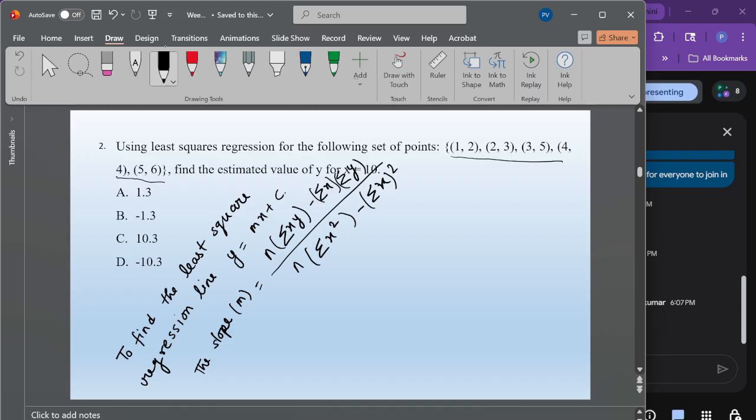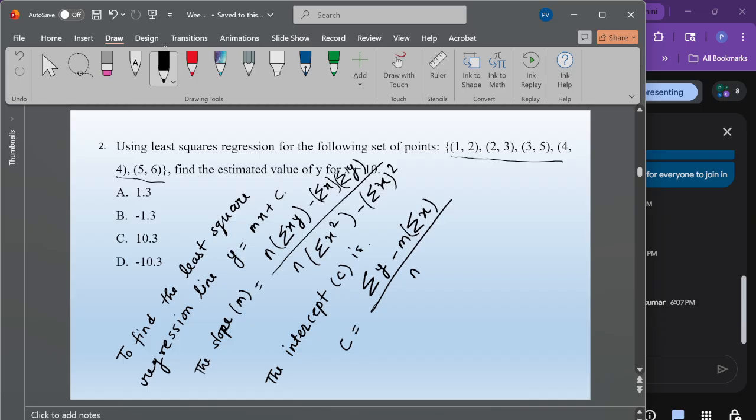We can calculate the slope using this formula, and the intercept, that is c, is calculated by summation of y minus m summation of x, that means all the data points, by n, right?